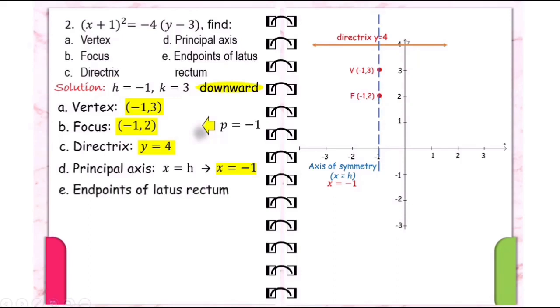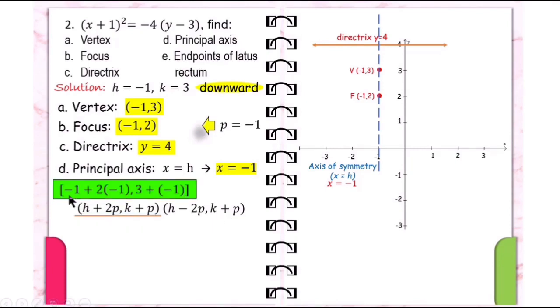Then the endpoints of latus rectum. We use this formula and then replace h, k, and p. So we have (negative 1 plus 2 times negative 1, then 3 plus negative 1). Let us first multiply the signs. 2 times negative 1 is negative 2, and positive times negative 1 is negative 1.